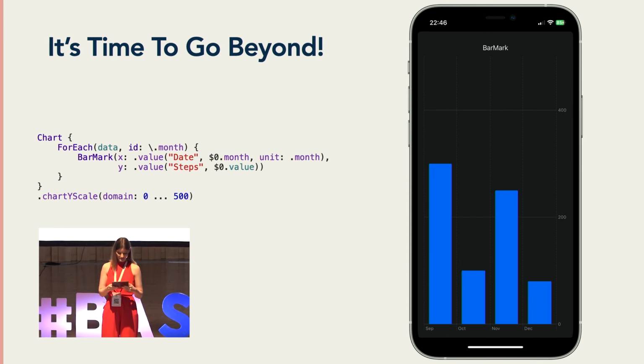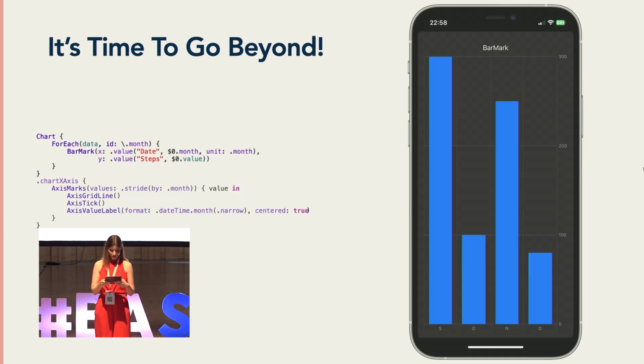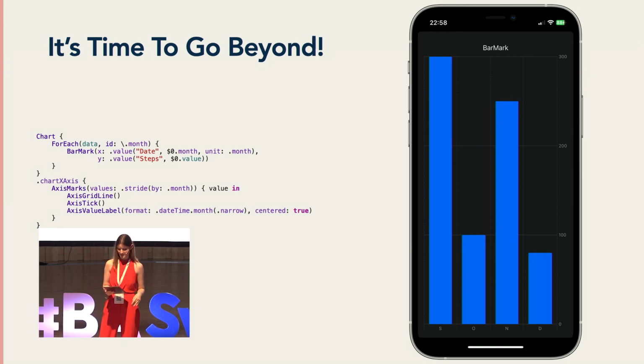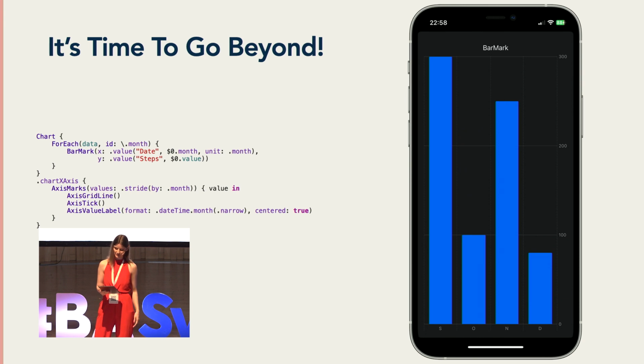So to do that... and what if we want to center, because it was a little bit to the side. If we want to center, in this case we use a chart x-axis modifier with the narrow type format parameter and pass the Boolean value true in the centered parameter to change it.